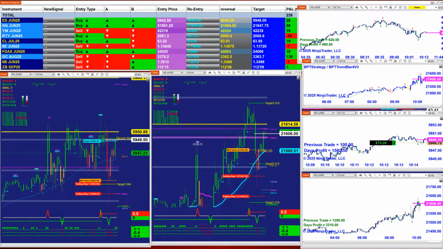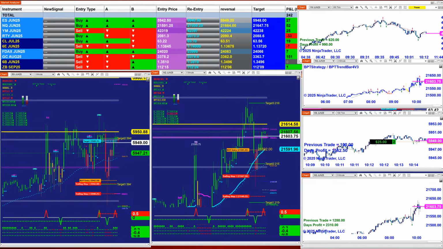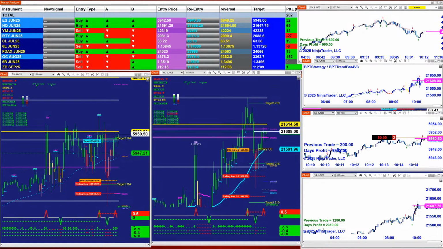The scalper took a long trade, reversing the market short.